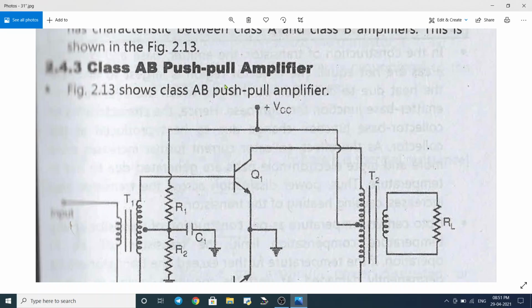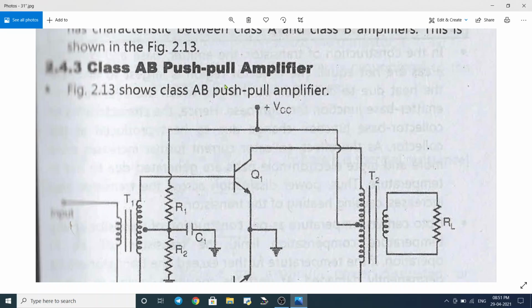And then we have seen class B push-pull amplifier. So class A push-pull, class B push-pull and complementary symmetry class B push-pull amplifier.